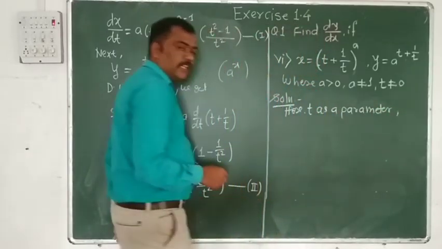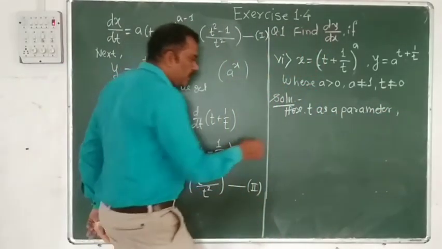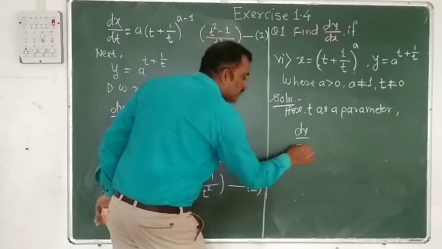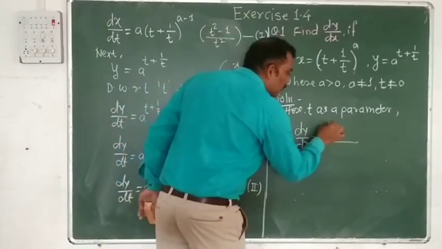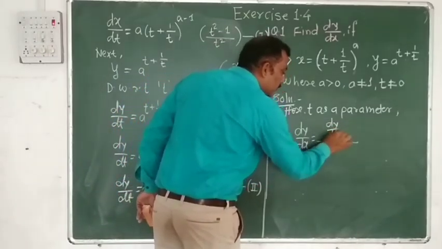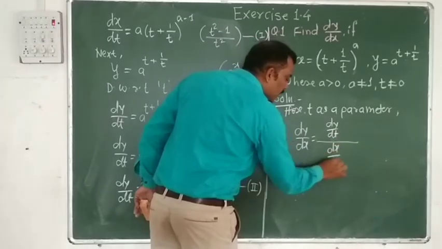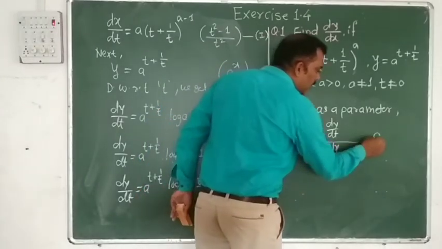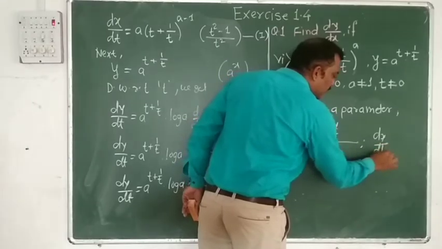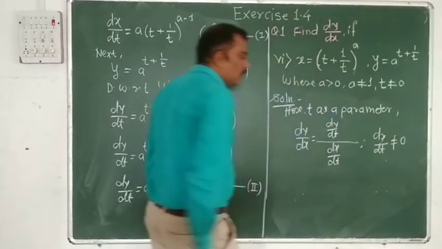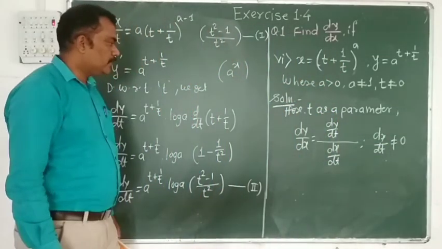So by using the derivatives of the parametric function we can write dy by dx is equal to dy by dt divided by dx by dt, with the condition that dx by dt is not equal to 0.